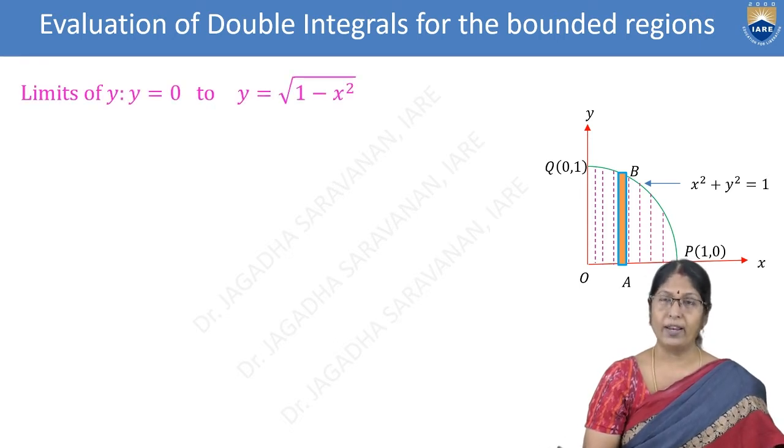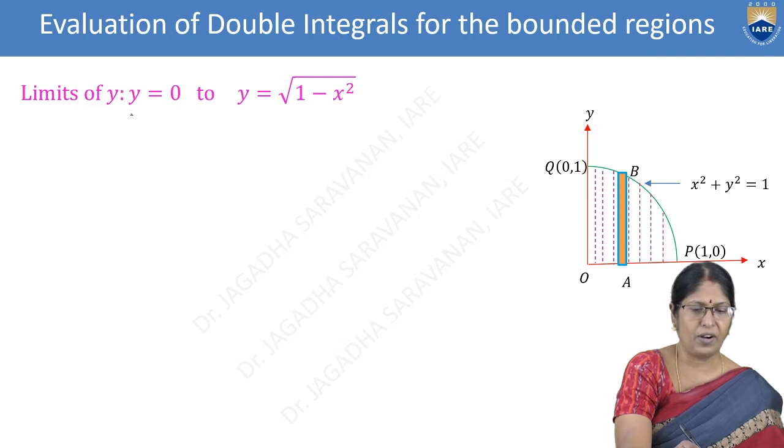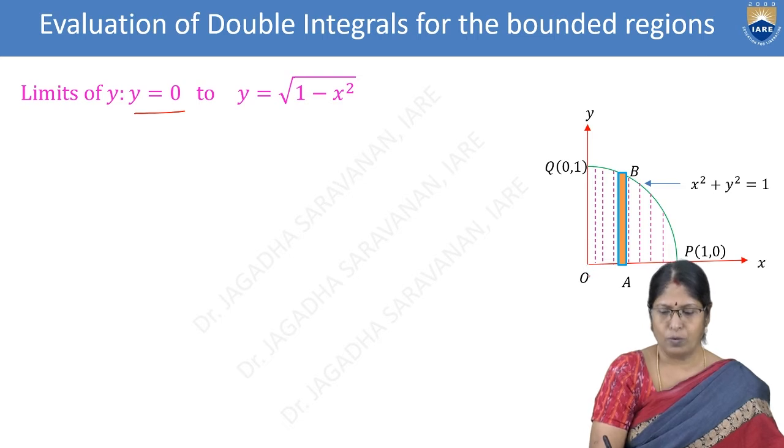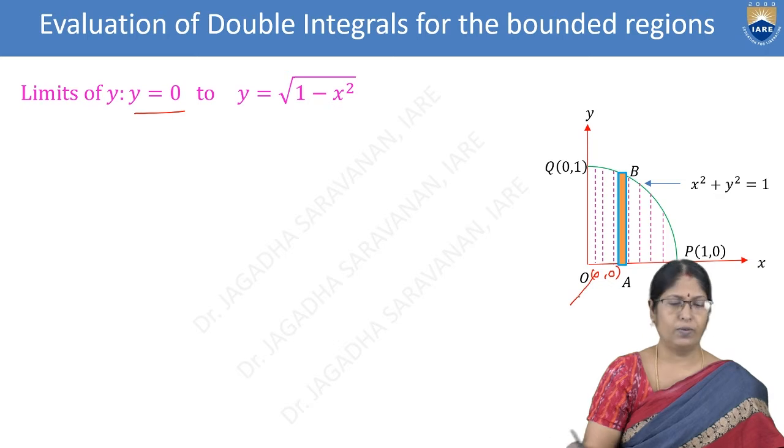For the y limit, it is written y equals 0, because our region starts at O, that is (0, 0), where y is 0.